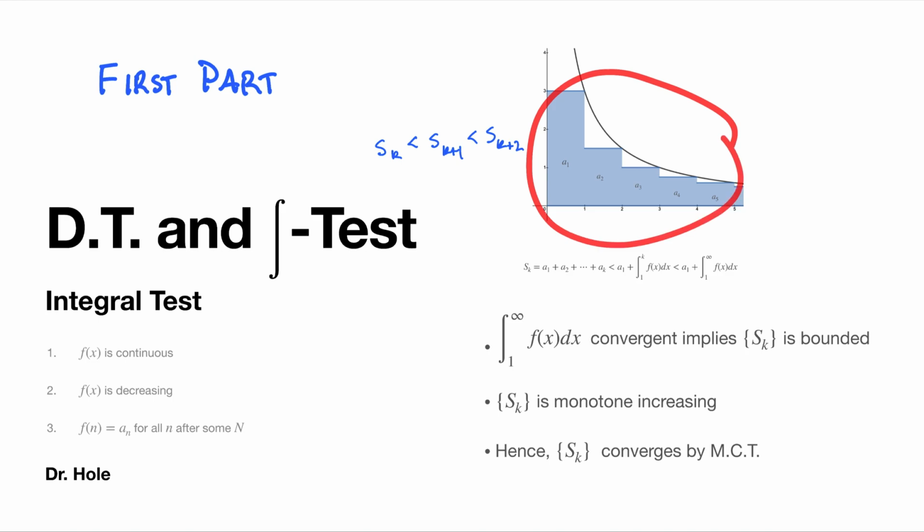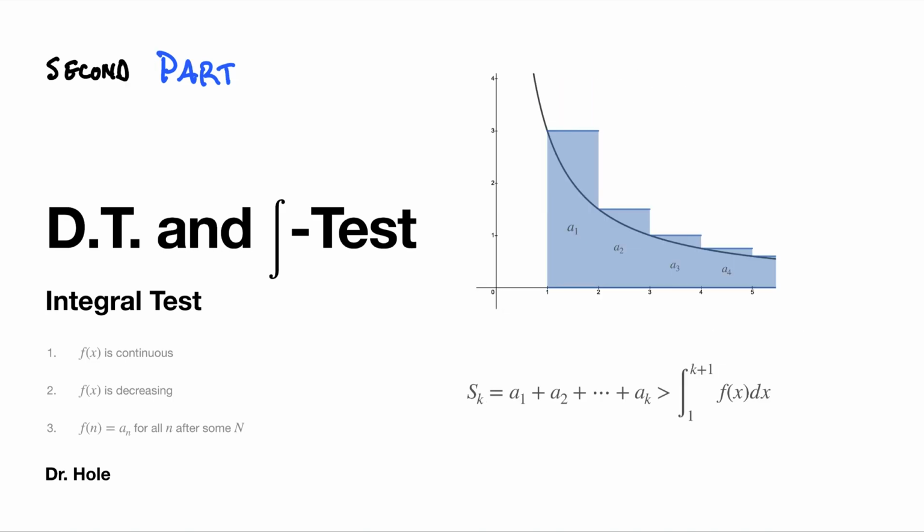Now what we're going to do is push the boxes to the other side. What do we mean by that? Here we go. We're using the same a1, a2, a3, and so forth by looking at an integer and evaluating the function. Instead of pulling the box to the left, we're going to pull the box to the right. Since f is a decreasing function, this will result in the boxes giving an overestimate of the area under the curve.